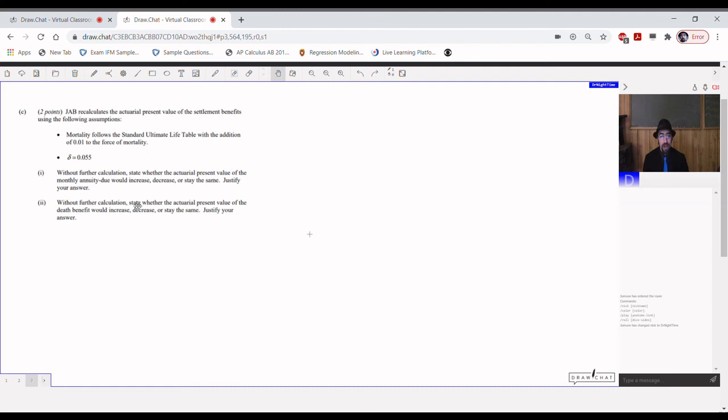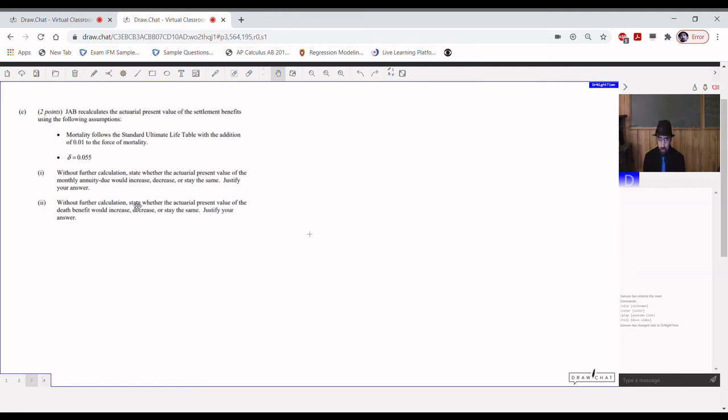So for part one, without further calculation, state whether the actuarial present value of the monthly annuity due would increase, decrease, or stay the same. And this is where I feel like I'm missing something, because mortality decreased. You're likely to live longer. That would mean that if it were only that factor, then the annuity due would be worth more, right?